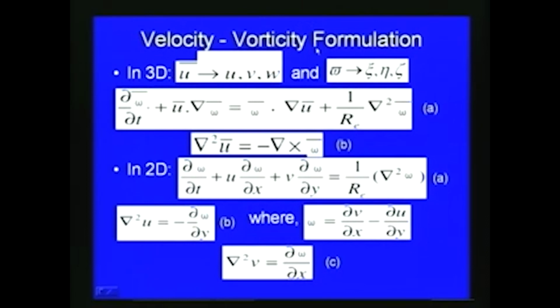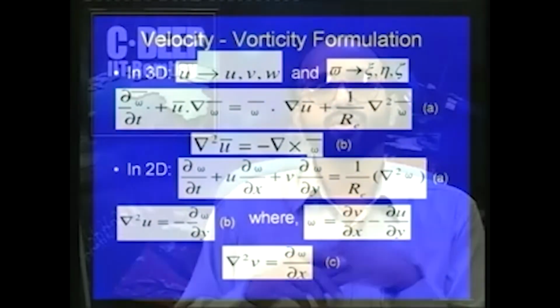And then the second one, the velocity vorticity formulation. Here we transform the primitive variable formulation, which we have already derived, in terms of another important variable called vorticity. So, finally, we get the equations in terms of velocity and vorticity.